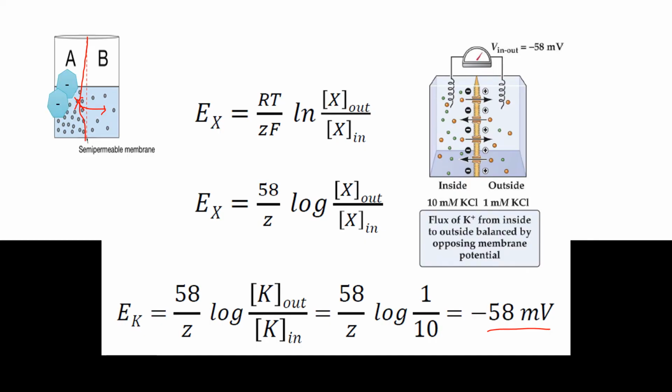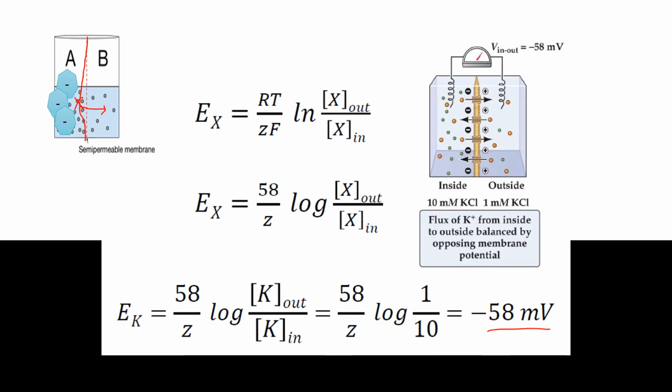Similarly, we can see here in these compartments that potassium is very high at compartment A, so along the concentration gradient it will try to move to compartment B. Now how much negativity should we add? Compartment A has to be 58 millivolts more negative relative to side B, for a 10 times concentration difference.